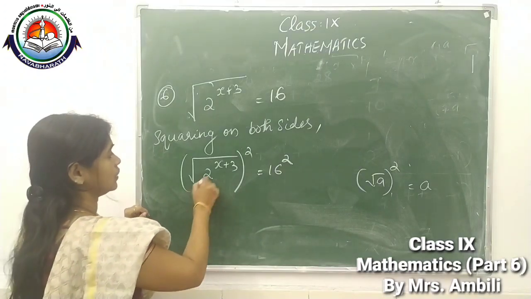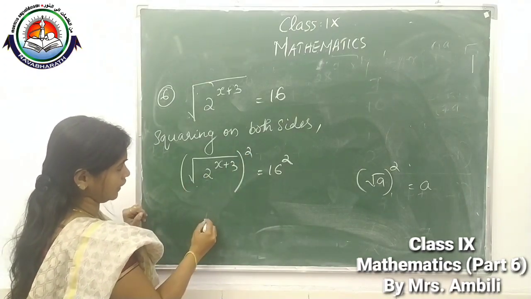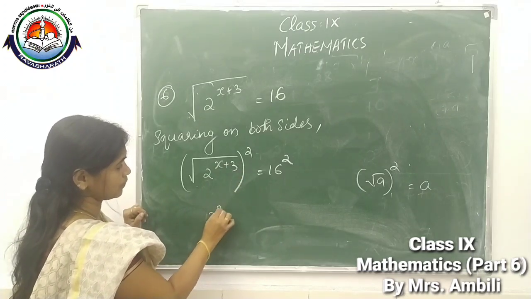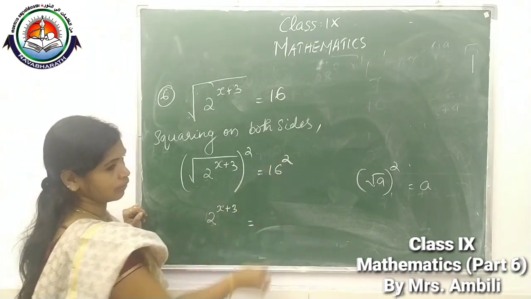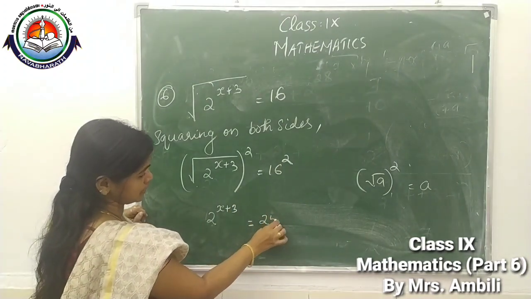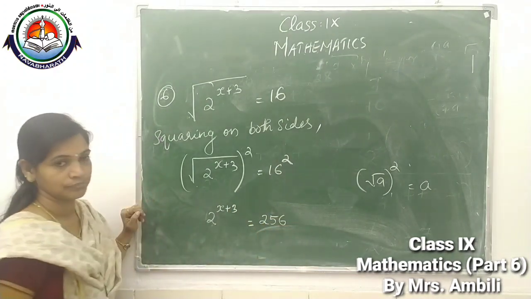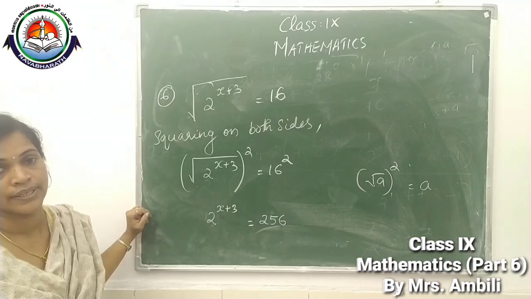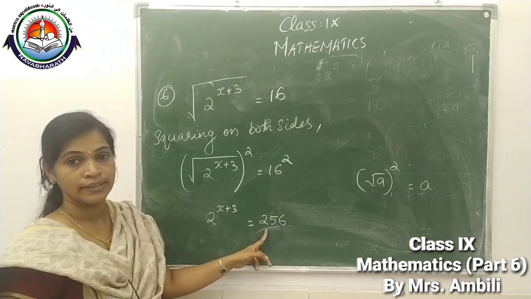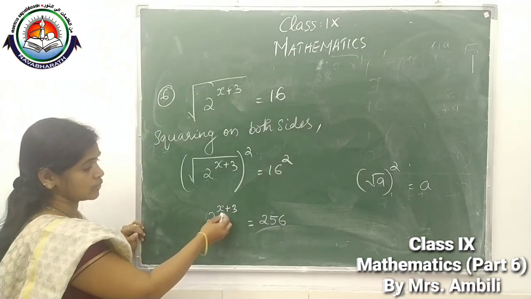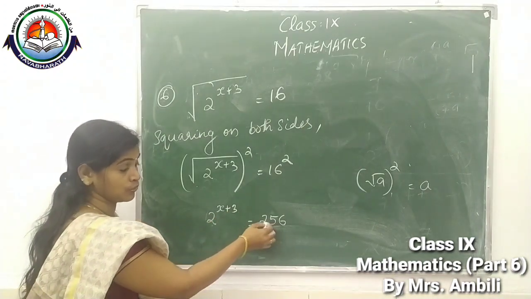Okay, so now this square is removed. What can we write? 2 raised to x plus 3 equals, what is 16 square? 256. Isn't it? So, 2 raised to x plus 3 equals 256.